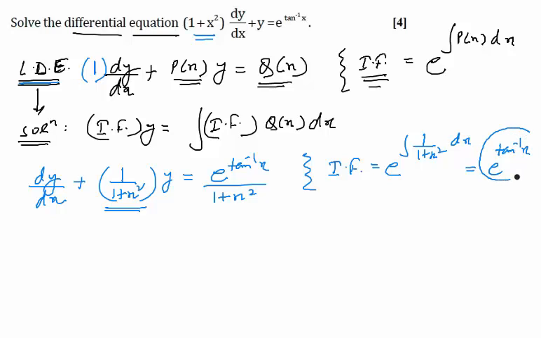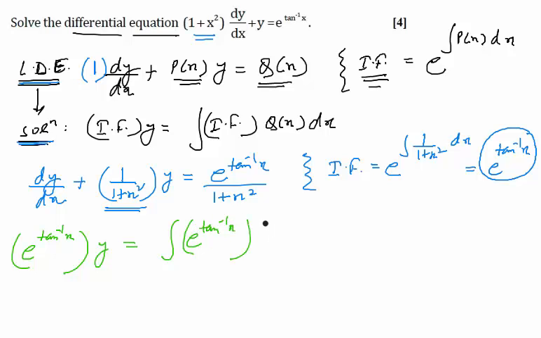So this is our integrating factor for this particular differential equation, right? So now I am directly using this solution. So to write the solution, I get this equation: integrating factor, which is e to the power tan inverse x into y, okay, is equal to integral of integrating factor, which is e to the power tan inverse x into qx.